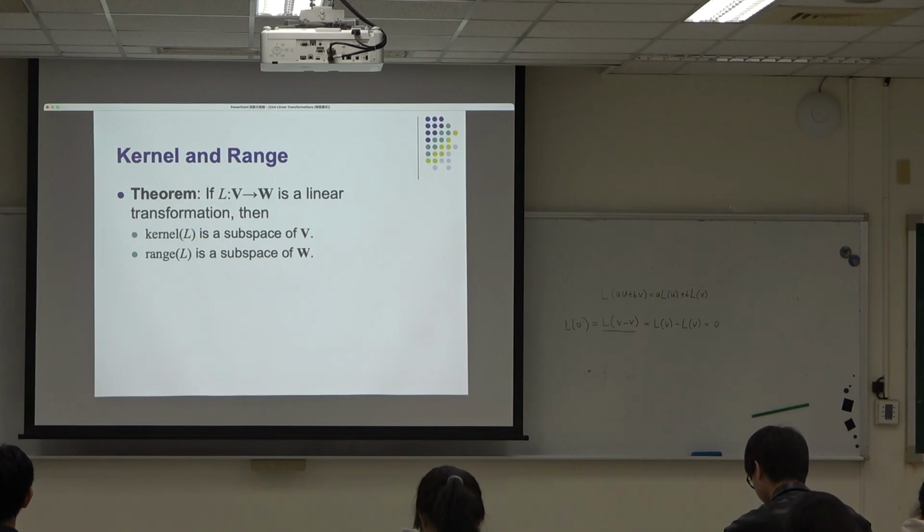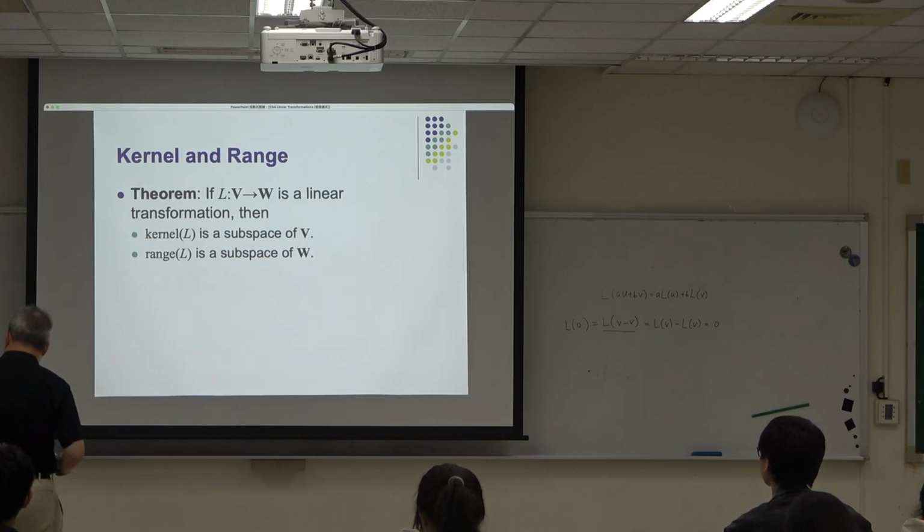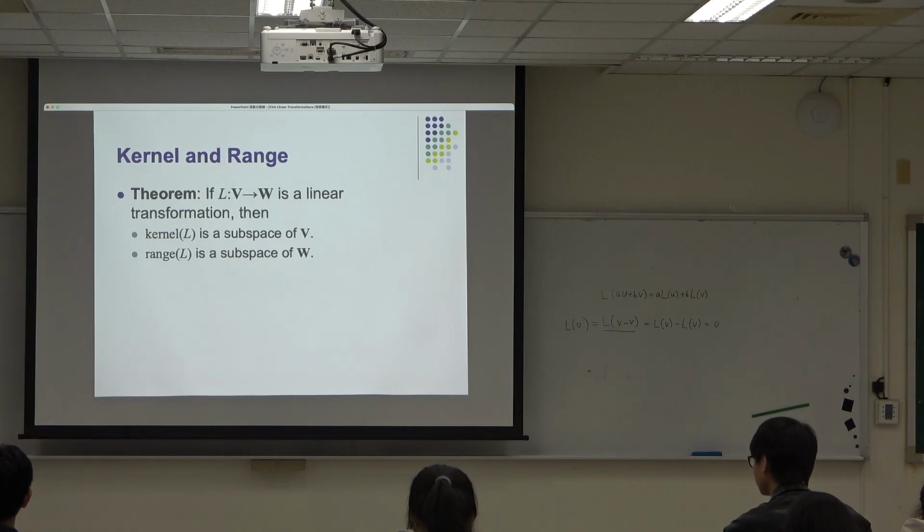Then, if we have U and V in the kernel of L, we show that U plus V is in the kernel of L. From this, what we know is L(U) is 0 and L(V) is 0.